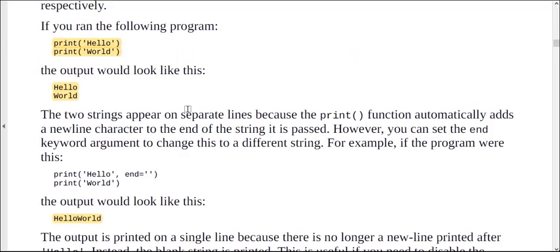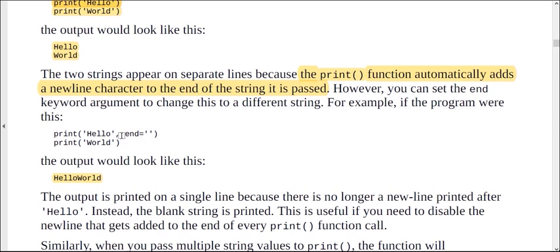Normally when we use the print function, the print function automatically adds a newline character to the end of the string it is passed. So when we use this print function here, it automatically adds a new line and the world string that you see here will be printed on the next line. But when we use this end equal to empty string, the world string will be printed together with hello.